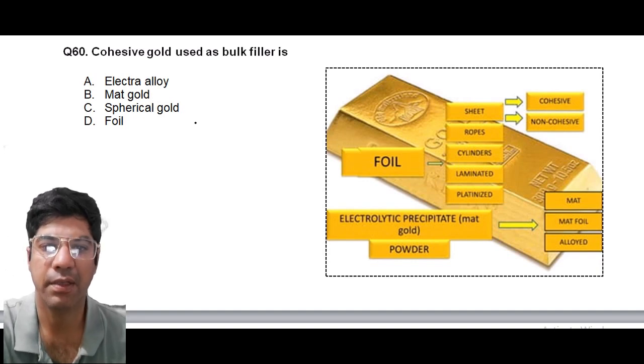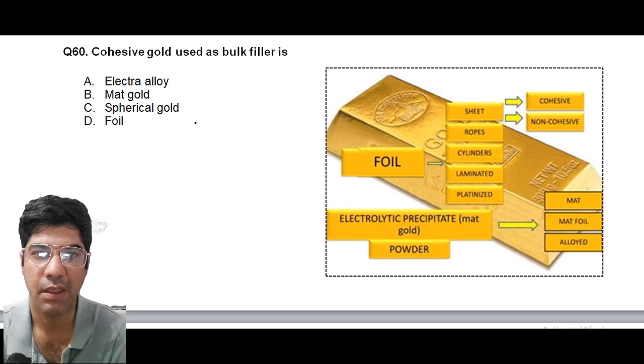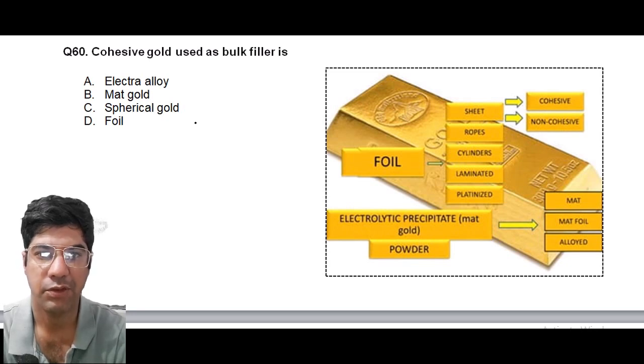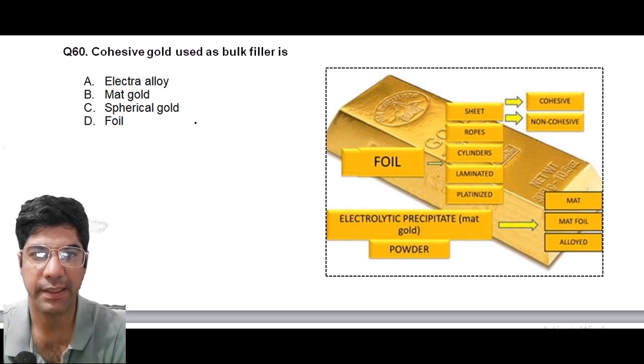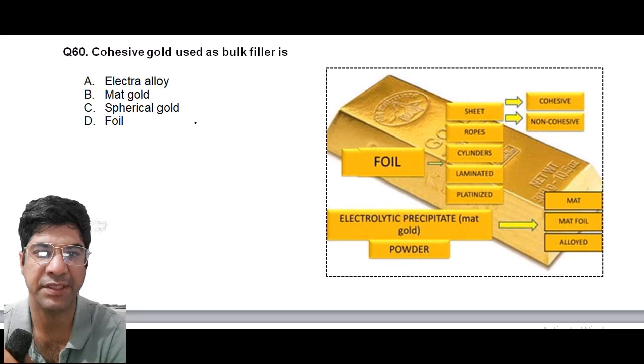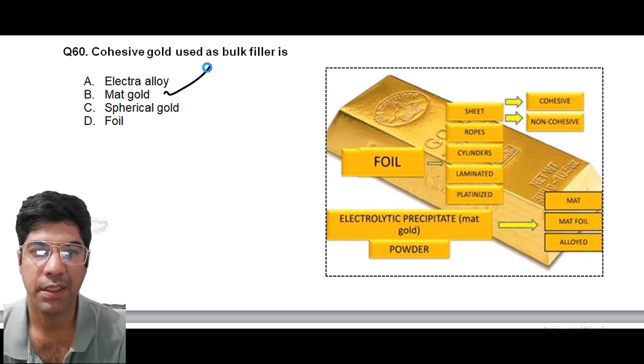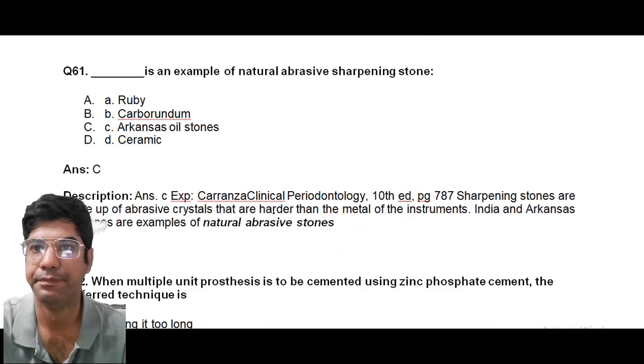Cohesive gold used as bulk filler is matte gold. So matte gold is used to build up dental restorations like inlays, onlays and crowns. So it is designed to be cohesive and easy to work with during the dental restoration.